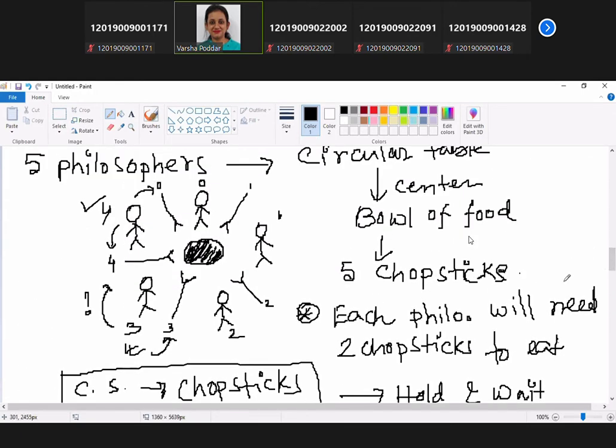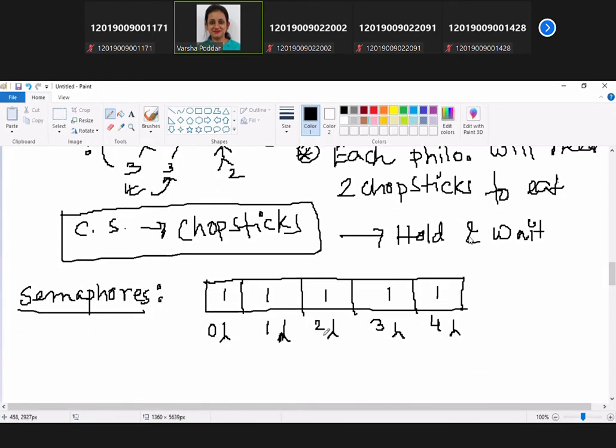When semaphore number 0 and semaphore number 4 are being taken for philosopher number 4, then they are in wait state. At that time, the other philosophers who are not sharing their chopsticks can start eating.